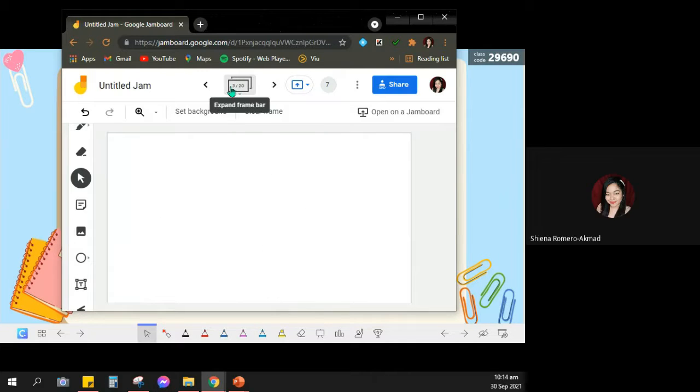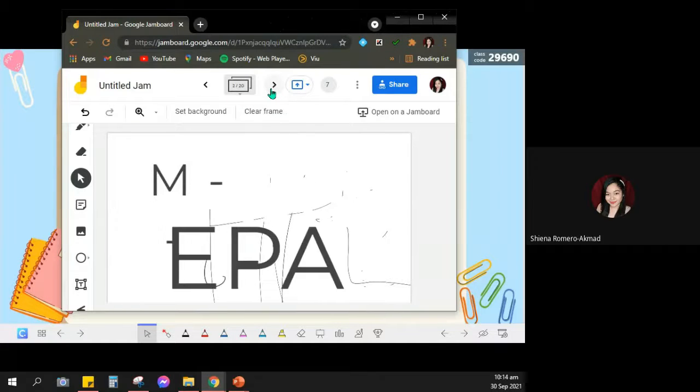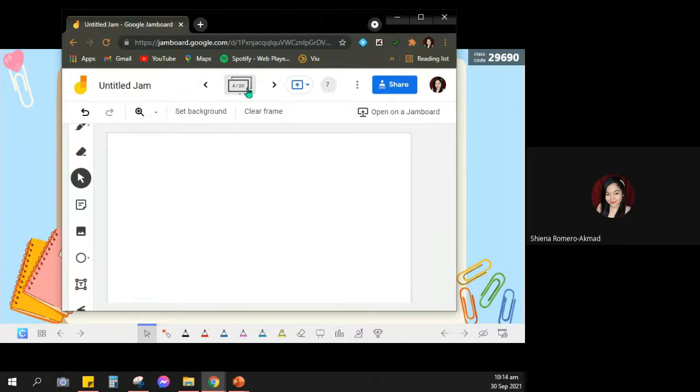Ma'am, frame number 3 ka na. Ma'am, ako yung nagsasagot kaso may umi-epal na naglilinya-linya. Huwag kasi nakikialam, kanya-kanyang frame. Okay, ibang frame ang gamitin nyo.